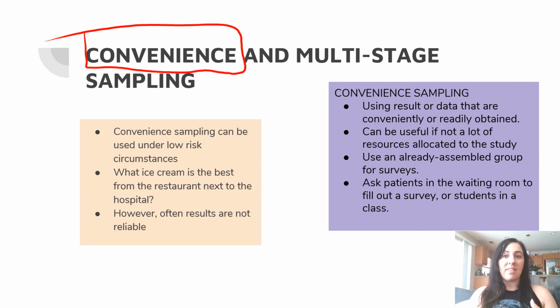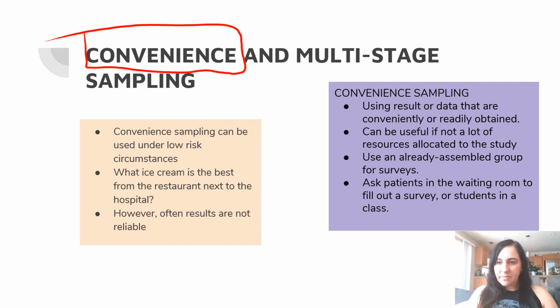Because if there's an event, then everyone there is going to have similar interests. They also might like similar ice cream. So there are other factors acting on this situation, and that makes it so that your results are not going to be that reliable with convenient sampling.